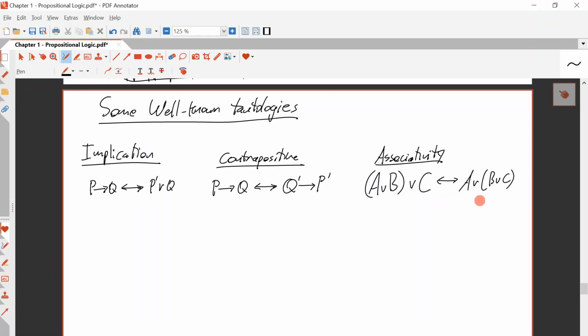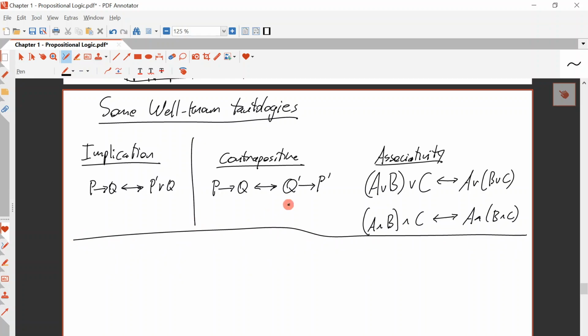You don't really need parentheses. But if you were to define it strictly with 2 terms, then these are logically equivalent. Same thing with conjunction. So that's the associativity tautologies.